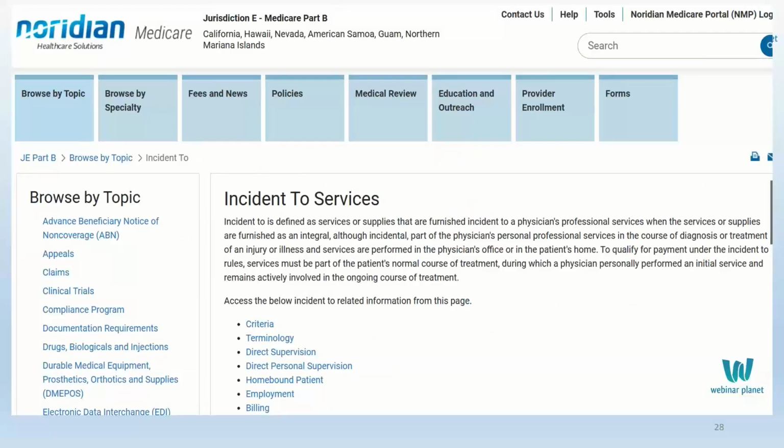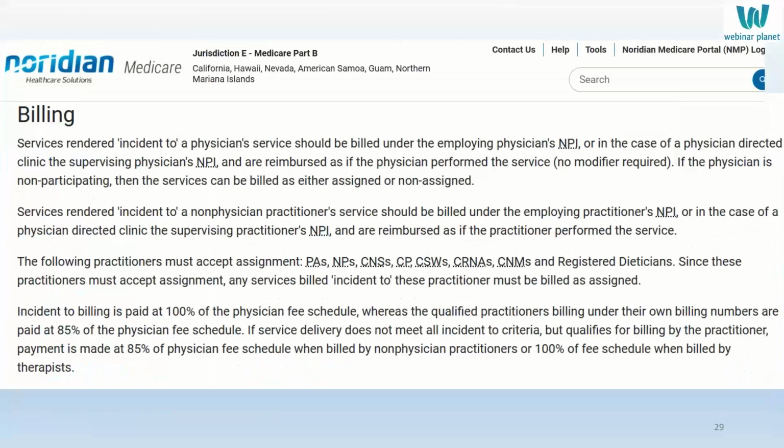Noridian is another carrier, another MAC. Their website has incident to services. And then they talk about billing, where services incident to should be billed under the employing physician's NPI. The following practitioners must accept assignment. Incident to billing is paid at 100% of the physician fee schedule.